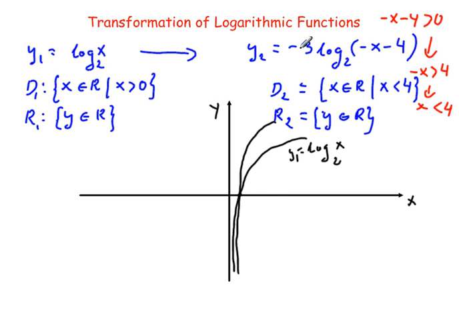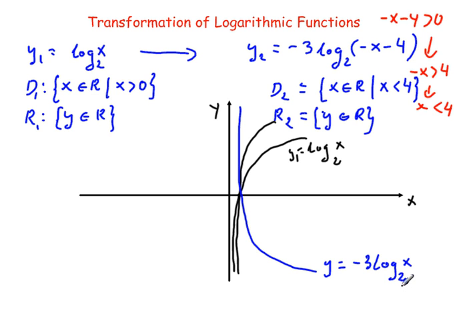Now, -3. This is the reflection in the x-axis. So -3 will give me the mirror image of that curve, which will look somehow like this. For now, we'll call it y equals negative 3 log to base 2 of x.